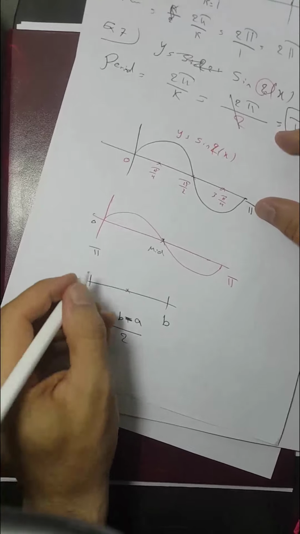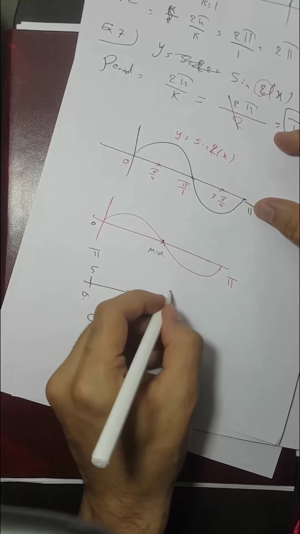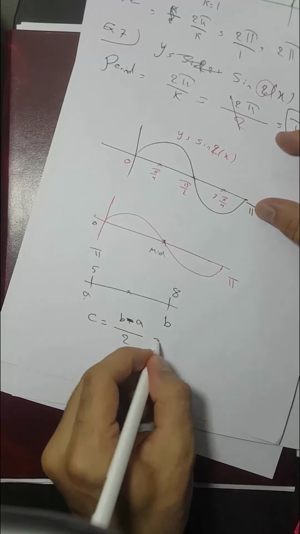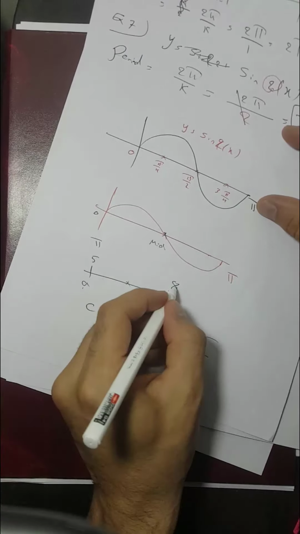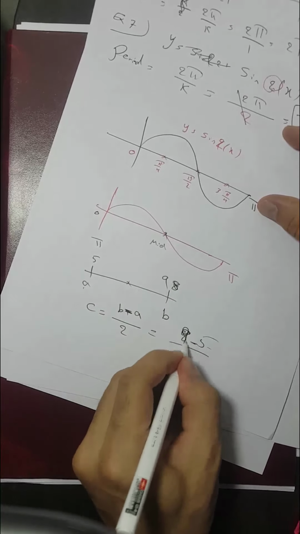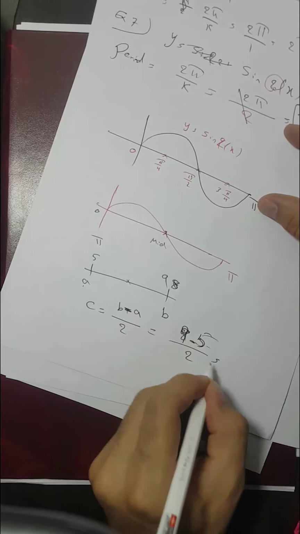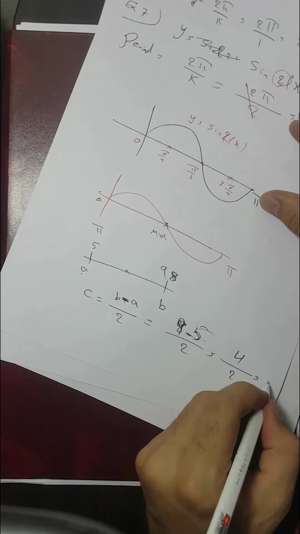If for example I say find the midpoint between 5 and 8, you see what? 8 minus 5 over 2 is 3 over 2.